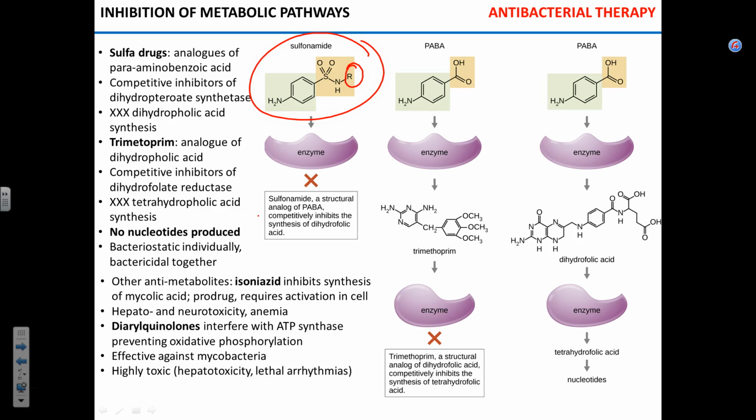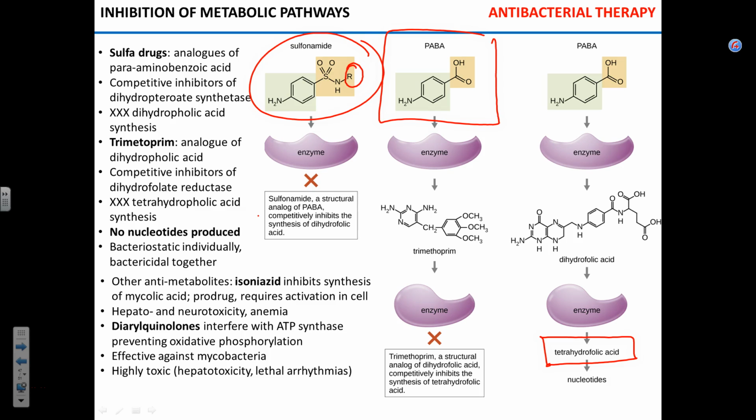Like you've probably all heard about sulfamethoxazole, the antibacterial, bacteriostatic drug. These drugs are structural analogs of para-aminobenzoic acid. Para-aminobenzoic acid is the initial substrate in the long metabolic pathway of synthesis for tetrahydrofolic acid. Tetrahydrofolic acid is then converted into the nucleotides.